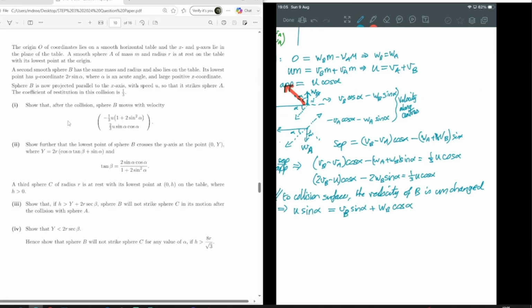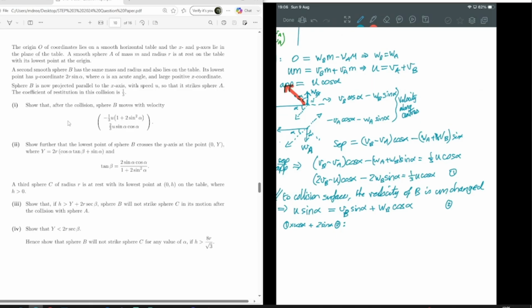If I'm looking at what the answer looks like, WB looks like it might be the simplest to create, but it doesn't look like it's the simplest to create from these. So I'm going to call this equation 1 and equation 2. And if I do equation 1 times cos plus 2 sine alpha lots of equation 2, that's going to cancel my WB terms, because both of them will have a 2 sine cos with opposite signs.